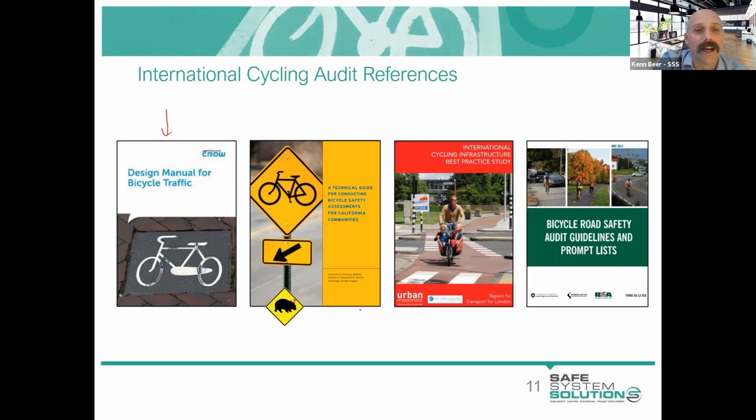This one's a technical guide for conducting bicycle safety assessments for Californian communities. So that's not a bad document. This is another UK one, and that's another one there. So just a raft of stuff there, and I've picked a few that I think are valuable, and we've popped a lot of those into your Moodle, so you can access those if you like.